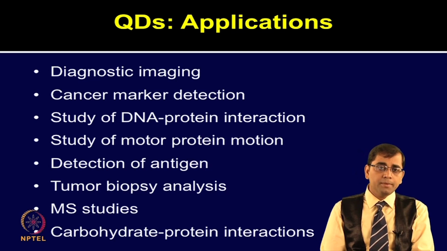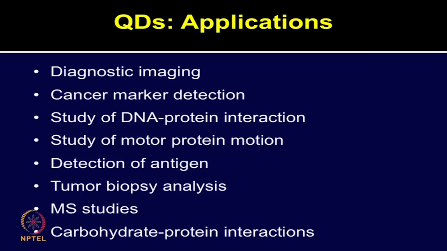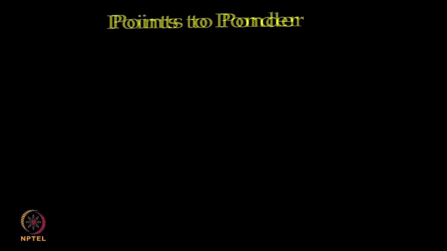Mass spectrometry based studies have also started exploring quantum dots, and they have also been used for carbohydrate and protein interactions. These are some of the published reports that show the potential of using quantum dots for various proteomic applications.